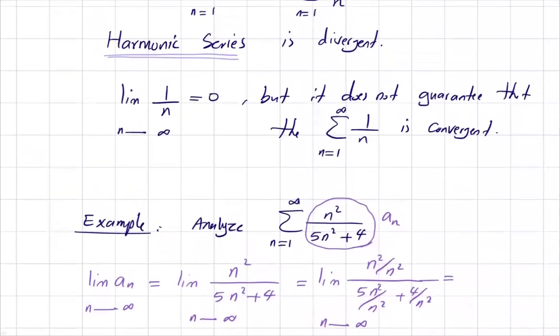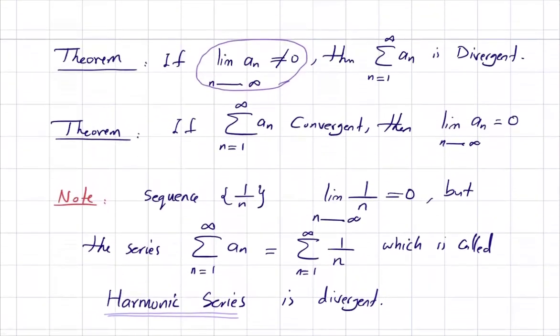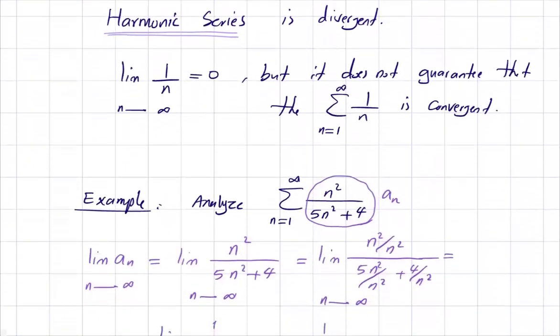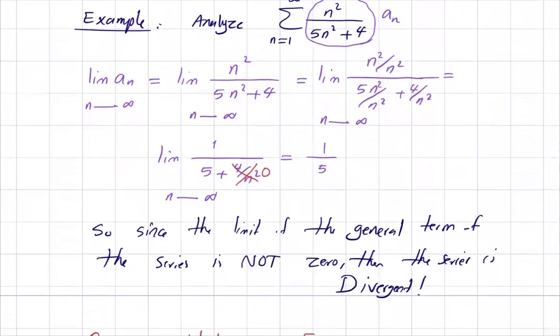We have a criterion. The criterion says, hey, if the limit of the general term is not 0, then the series is indeed divergent. So take a look. The limit of this general term is not 0. So for sure, you can say that the series is divergent.